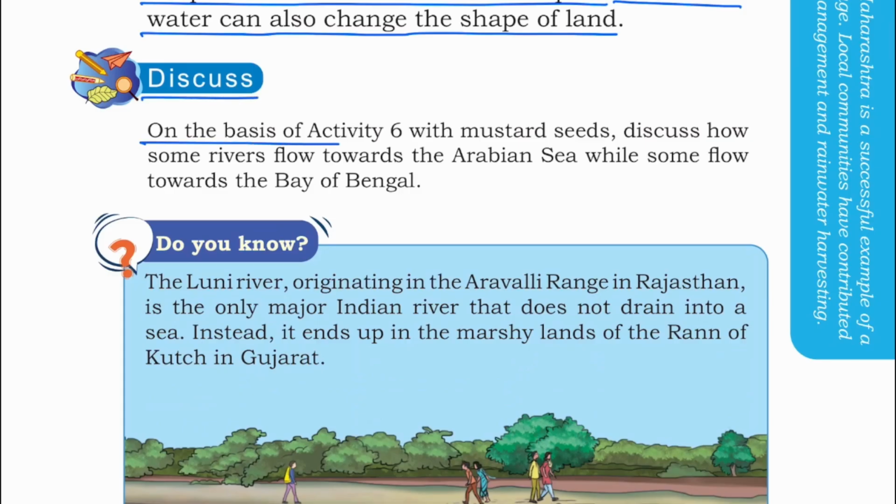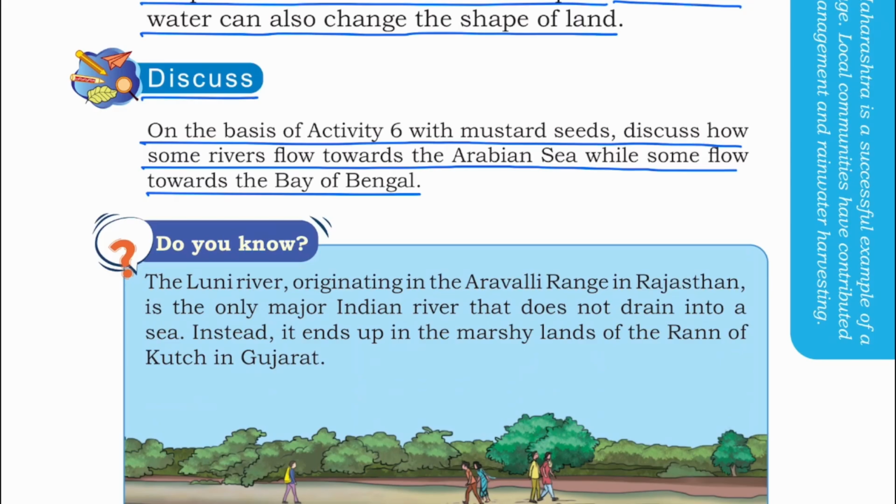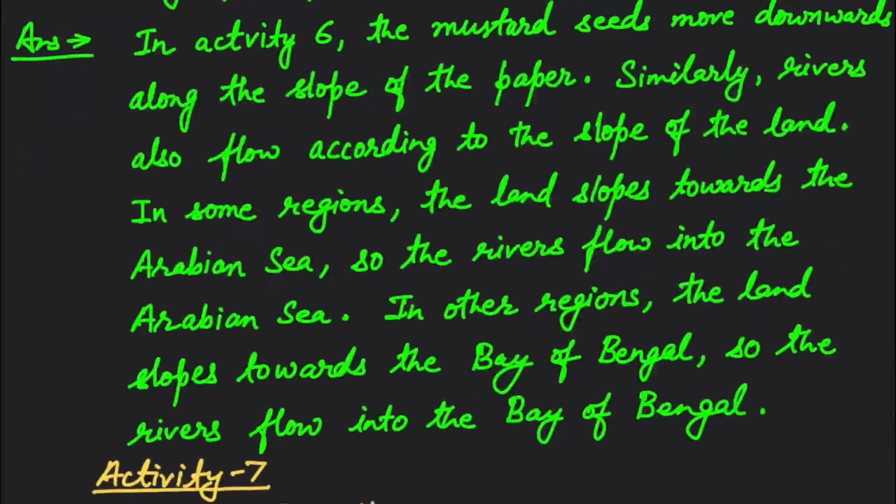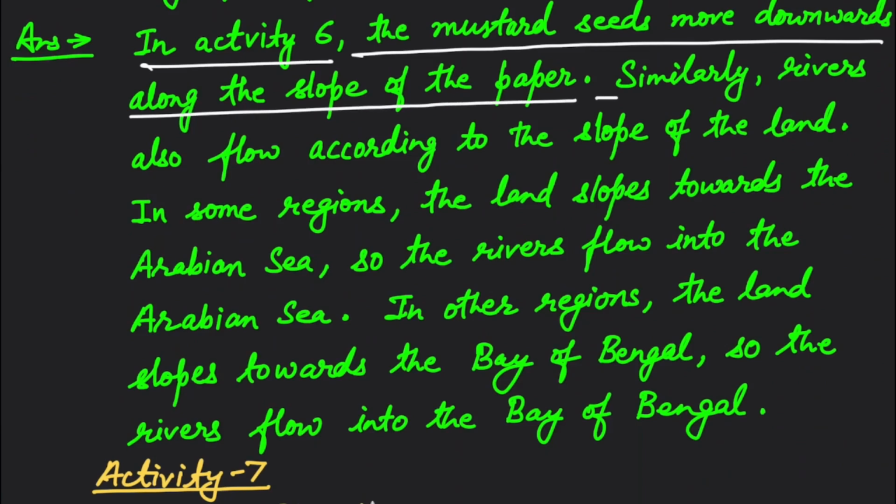Discuss. On the basis of Activity 6 with mustard seeds, discuss how some rivers flow towards the Arabian Sea while some flow towards the Bay of Bengal. In Activity 6, the mustard seeds moved downwards along the slope of the paper.